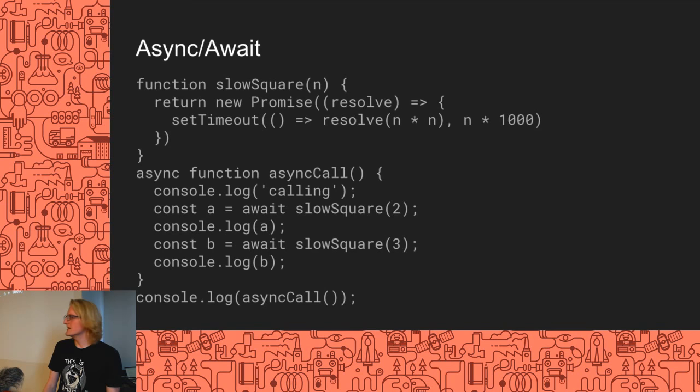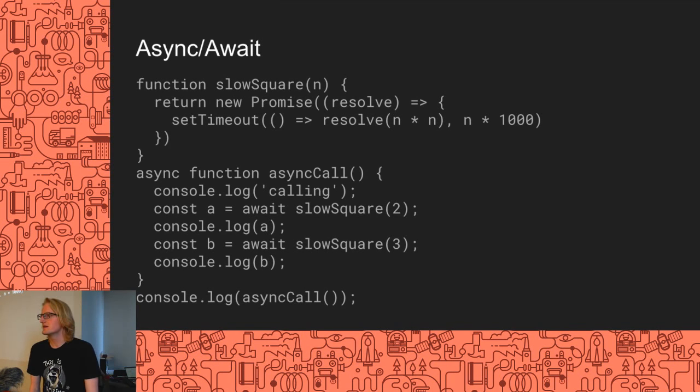The async keyword actually just wraps your function and makes it return a promise anyway. So you can dot then an async function, or you can await an async function. It's this syntax for the same thing, but now you don't have to have the dot then.